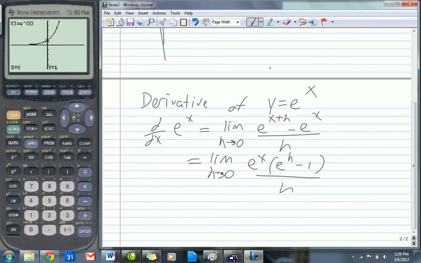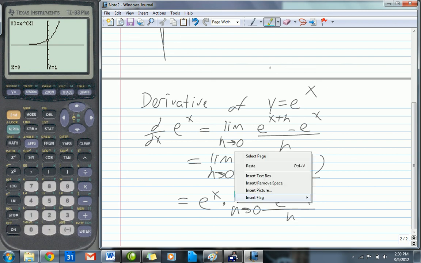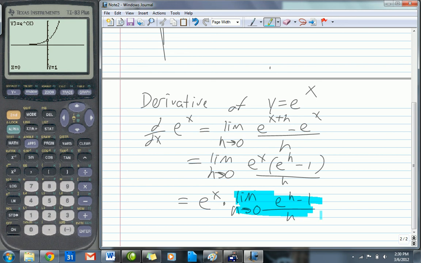Now the limit as h goes to 0 has nothing to do with e to the x, so I'm just going to pull that out. What I am left with is the limit as h goes to 0 of e to the h minus 1 over h. So I need to evaluate this limit. Quite frankly, it's one I'm just going to show you by calculator.